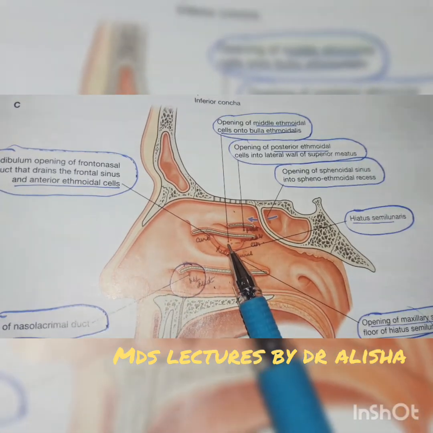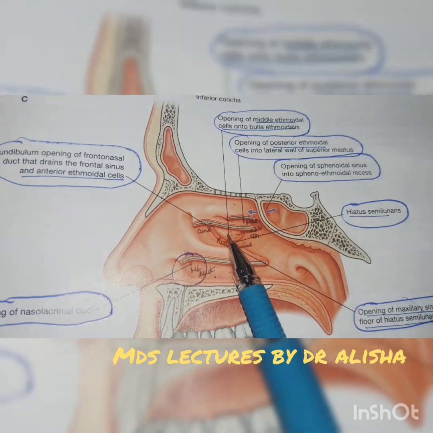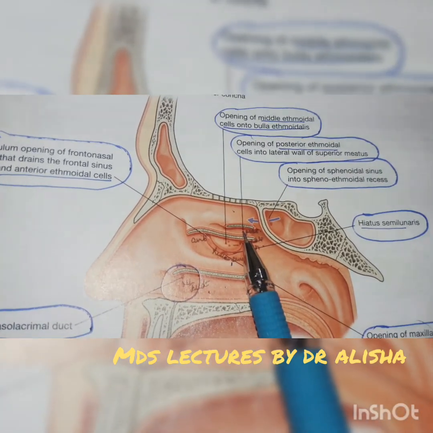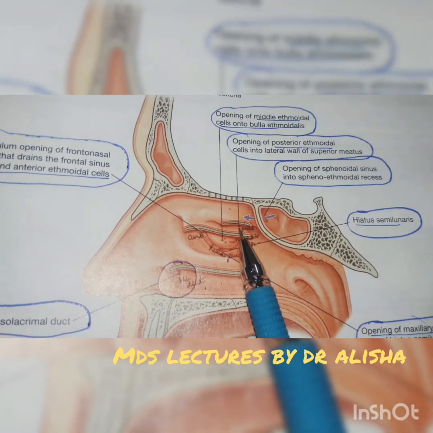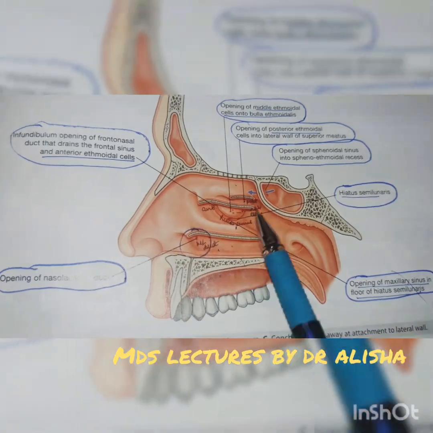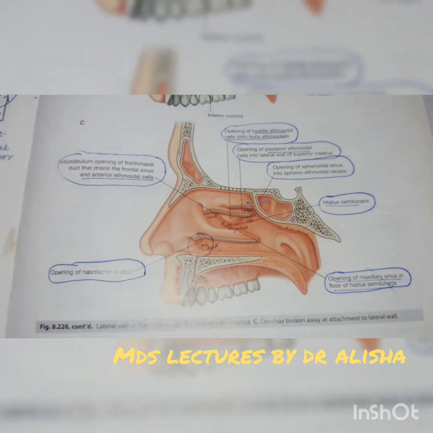Here we can see the small openings of the middle ethmoidal cells onto the bulla ethmoidalis, and into the superior meatus we can see the opening of the posterior ethmoidal cells. So these are the various openings of the lateral wall of the nasal cavity.